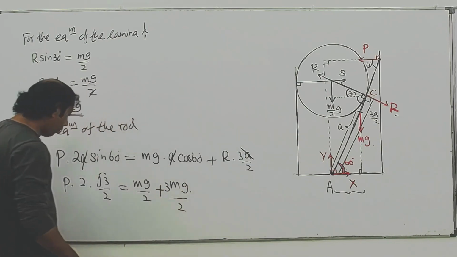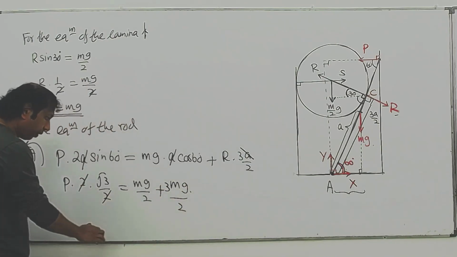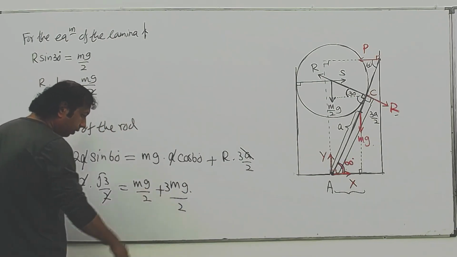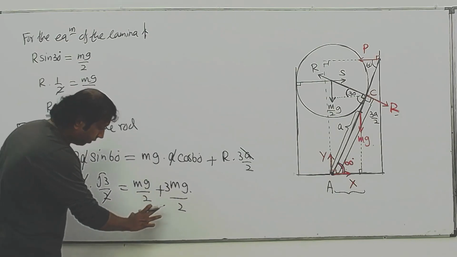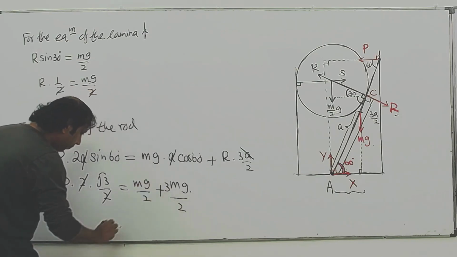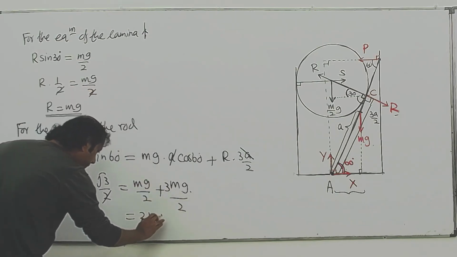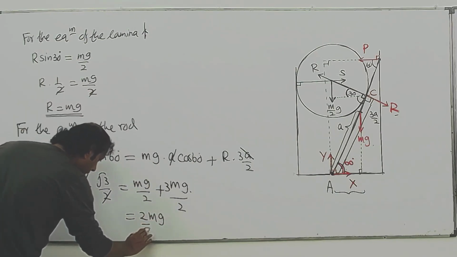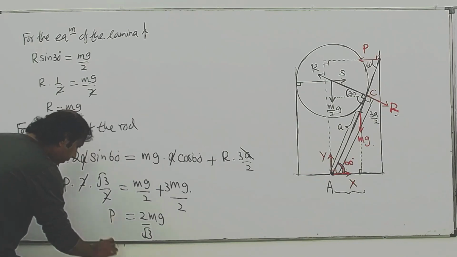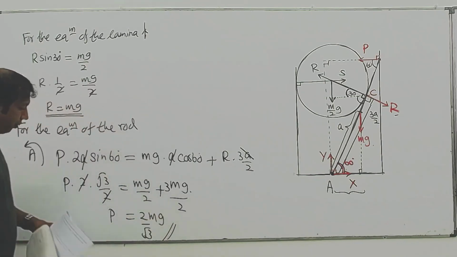Now what do you get? These 2 you can cancel down. Here mg, here 3 mg. It's 4 mg. mg, 3 mg, 4 mg, right? Divide by 2. Then we get 2 mg. We'll take this root 3 here. And then we get the P. Right. And this way we can take that answer.